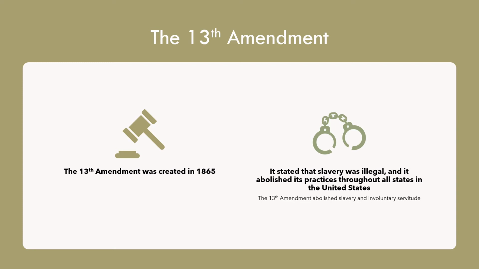With the Civil War ending, it meant that slavery was illegal and abolished throughout the United States. Even though we didn't have all 50 states at the time, we still abolished slavery throughout the entire country. So the 13th Amendment was created in 1865 and it abolished slavery throughout all of the United States.